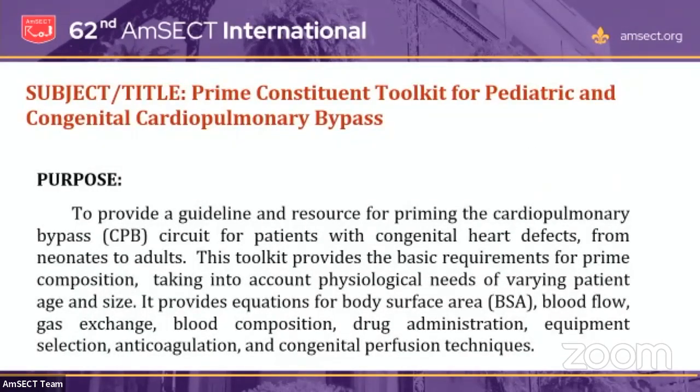So this was the priming constituent toolkit for pediatric and congenital cardiopulmonary bypass. This is the beginning of the protocol, and we wanted to include this in the toolkit as well. It's to provide a guideline and resource for priming the cardiopulmonary bypass circuit for patients with congenital heart defects from neonates to adult. The toolkit will provide basic requirements for prime composition, taking into account physiological needs of varying patient age and size.